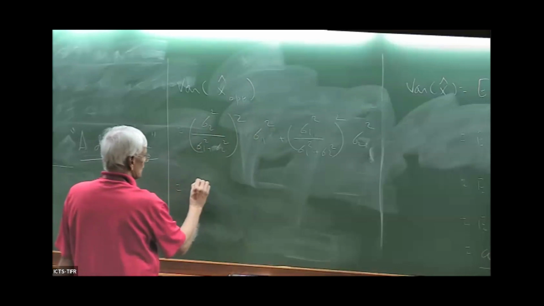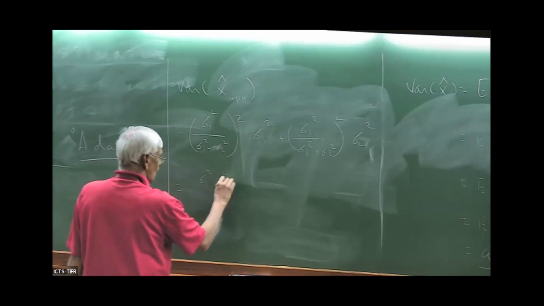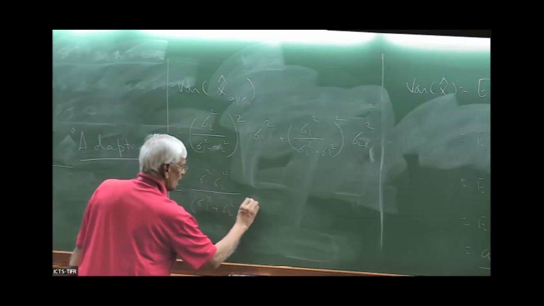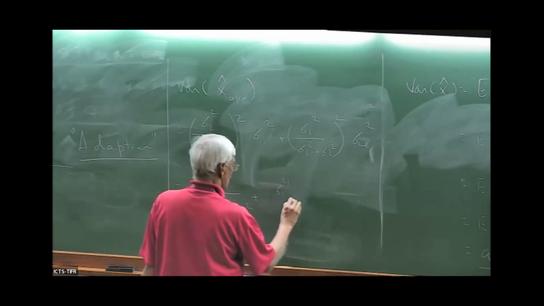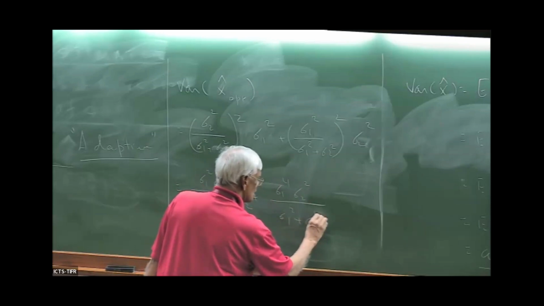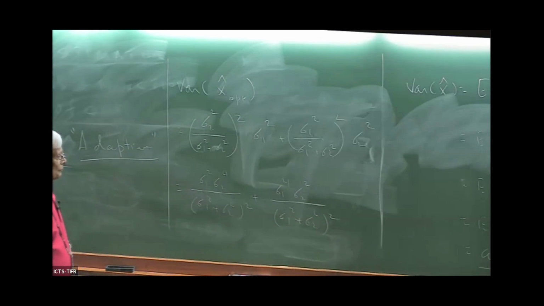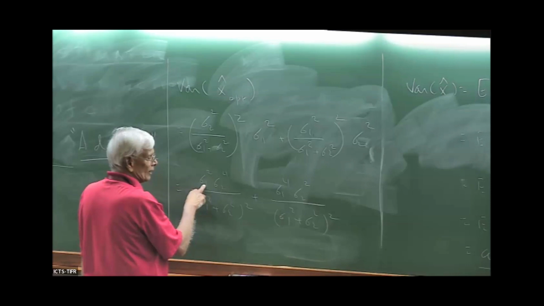So what is this? This is sigma 1 square, sigma 2 to the power 4 divided by (sigma 1 square plus sigma 2 square) whole square, plus sigma 1 to the power 4, sigma 2 square divided by (sigma 1 square plus sigma 2 square) whole square. I can take the denominators as the same. In the numerator, what's common?